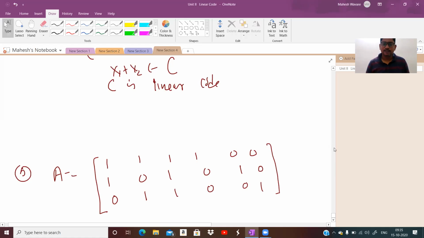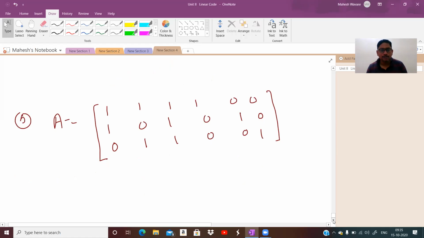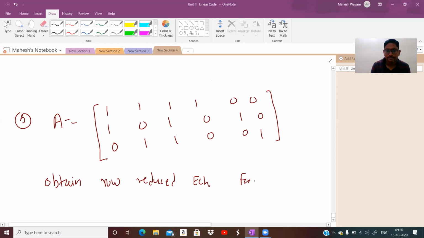So from this, you should obtain generator matrix. You should find dimension from this. Just obtain the row reduced echelon form, RREF, of A. And this can be done easily.